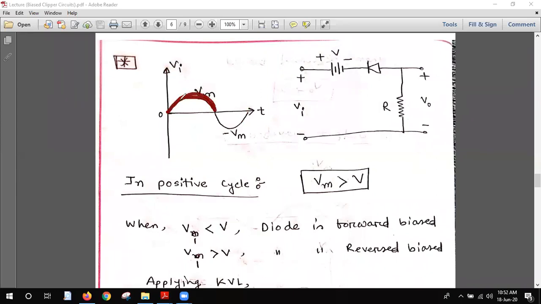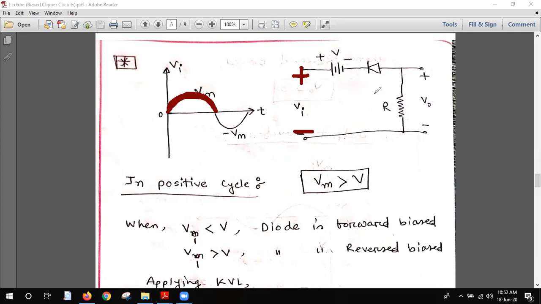Watch my explanation properly, it will be very easy for you. So first we analyze the positive cycle. You see that for the positive cycle, the input voltage will be like this, plus here and minus here.